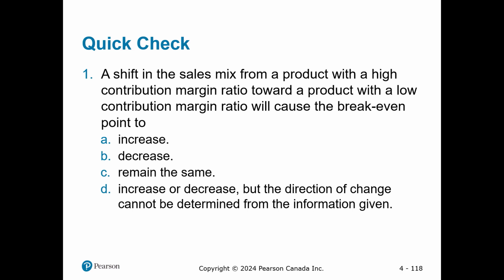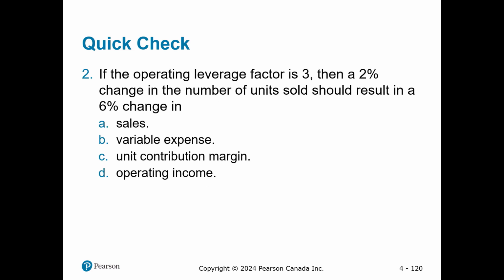And the answer is increase. Of course, because if we have a low contribution margin ratio, then we're going to have to sell a lot more products to cover the fixed costs before we're in a profit position. So it's going to cause the break-even point to increase.